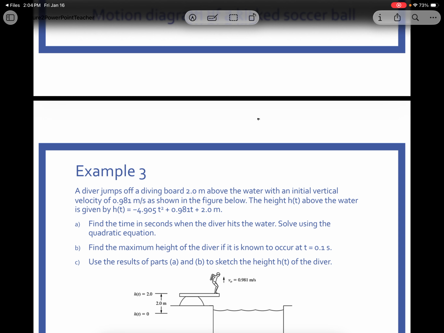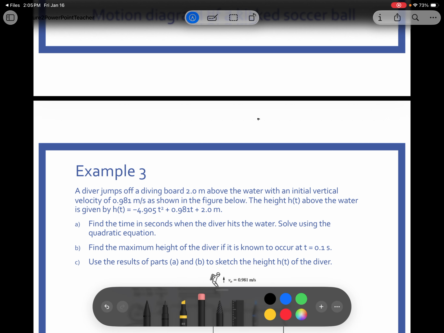All right, so the first one, find the time in seconds when the diver hits the water, solve the quadratic equation. So when the diver hits the water, they will be at a height of 0.